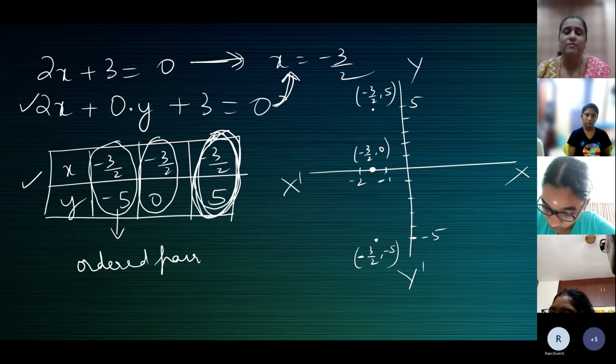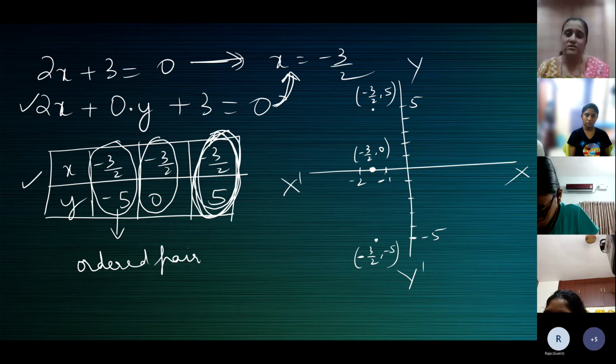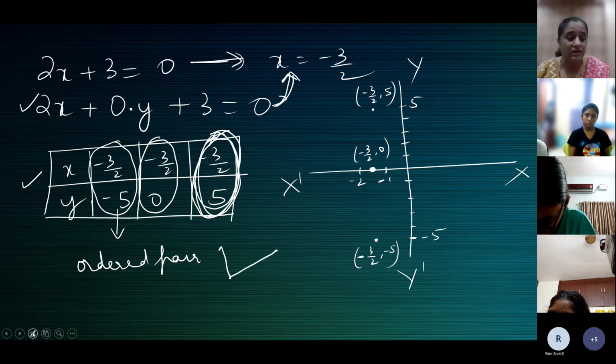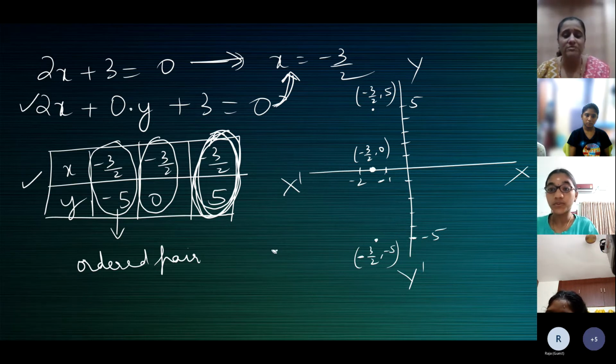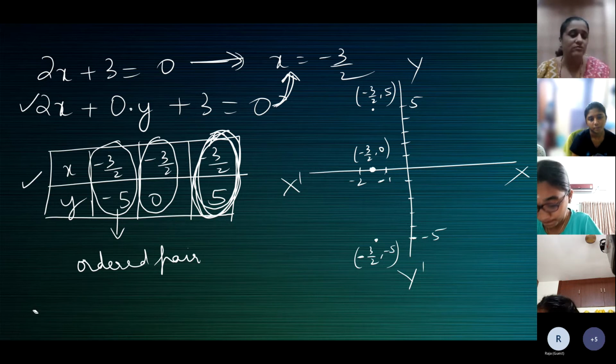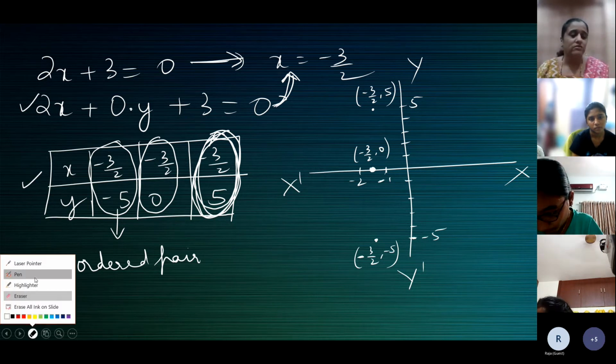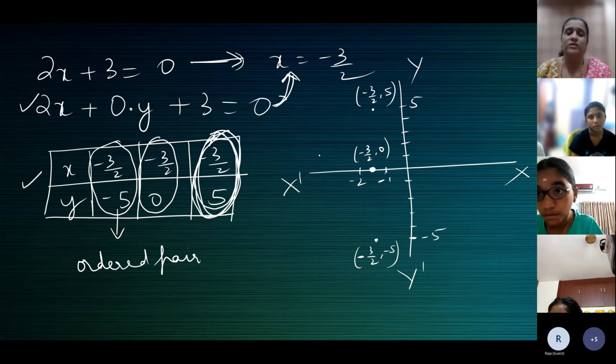It should not be like 1 point here, 1 point here, 1 point here. If you're not able to join the 3 points by the same straight line, you've gone wrong somewhere. Somewhere you've made a mistake.